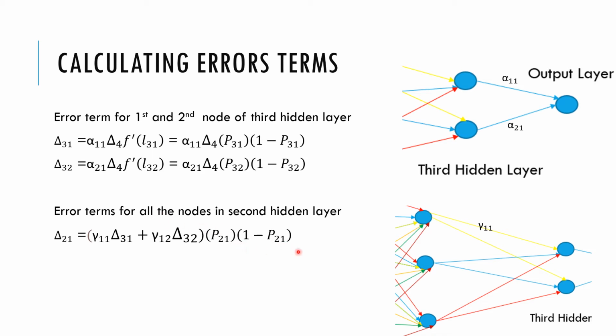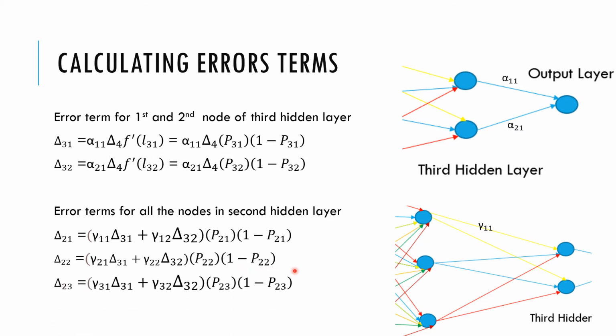We're just following the formula, right? Now we do the same thing for this node, calculating the error term for this one, delta 22. Again, the error term of this multiplied by this coefficient, and the error term of this multiplied by this coefficient, and then added together, and the whole thing multiplied by the gradient of the sigmoid function of this, which is P22 into 1 minus P22.